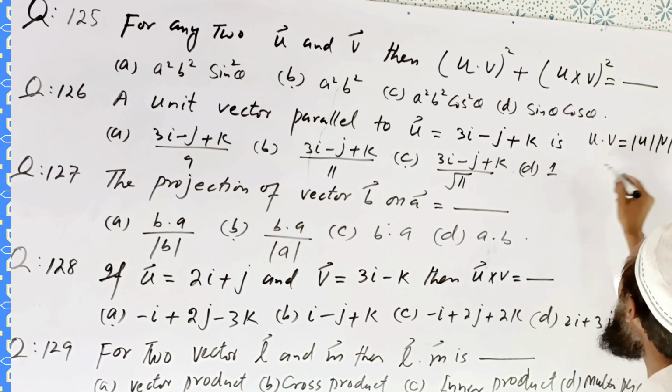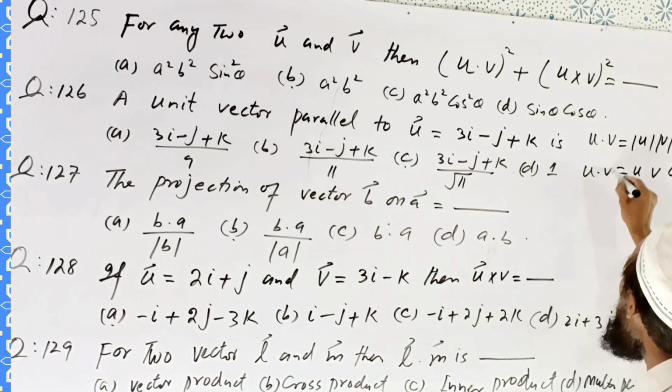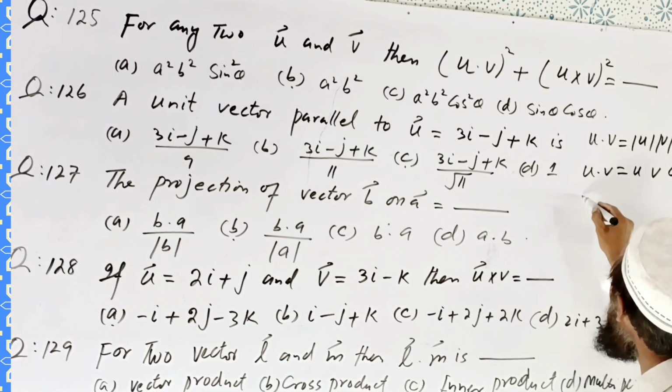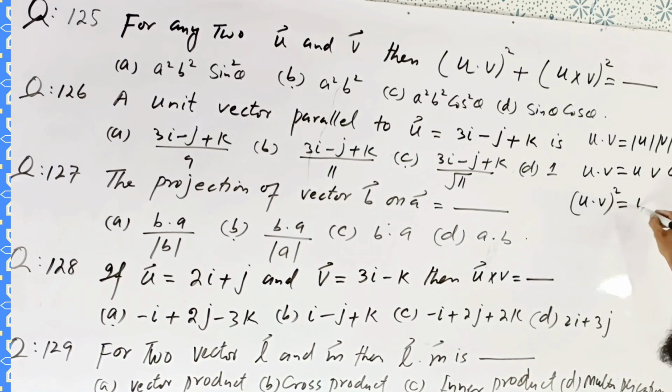Squaring on both sides, we get (u dot v) squared equals u squared v squared cos squared theta.